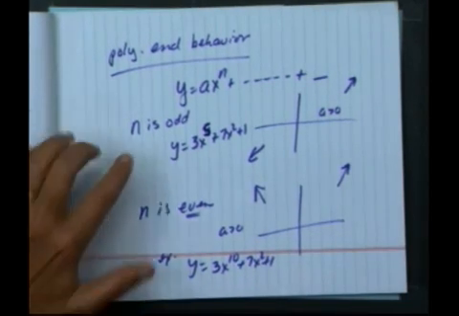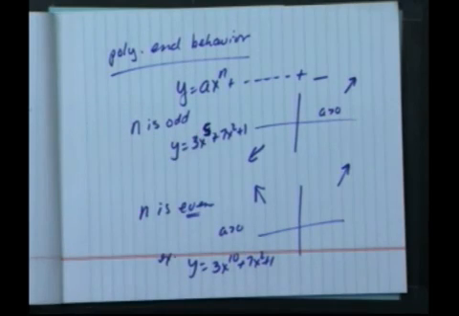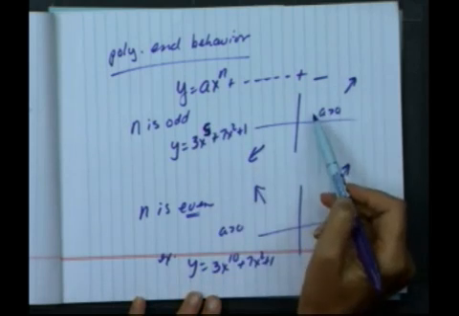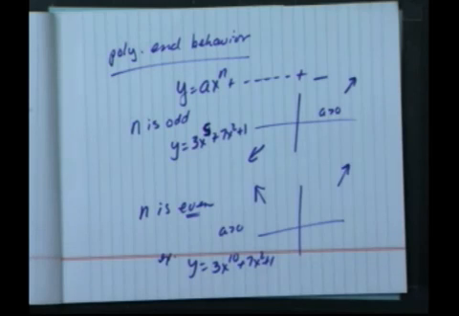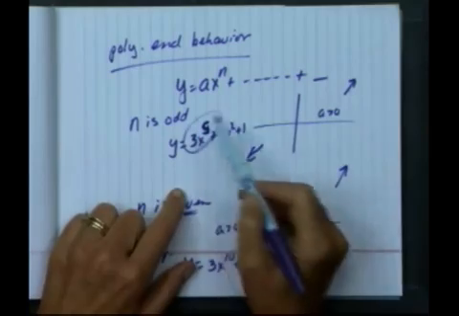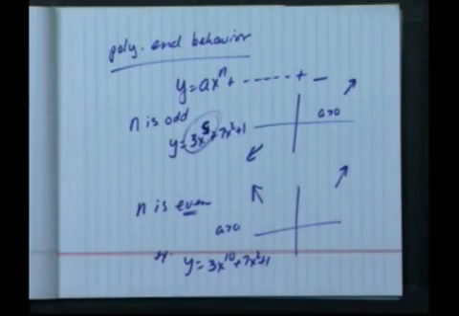Okay, so if you're odd degree, the ends have got to go opposite directions. Even degree, they've both got to be going the same direction. And what it means is that when you're looking at this from miles and miles away, the graph is going to look a little bit like that because you're going to just be seeing the end part because it might do a little something in the middle, but in the end it's going like that. Okay?